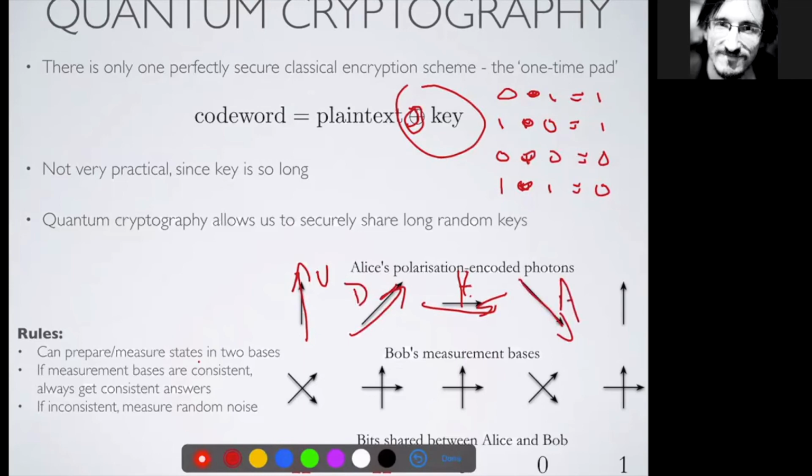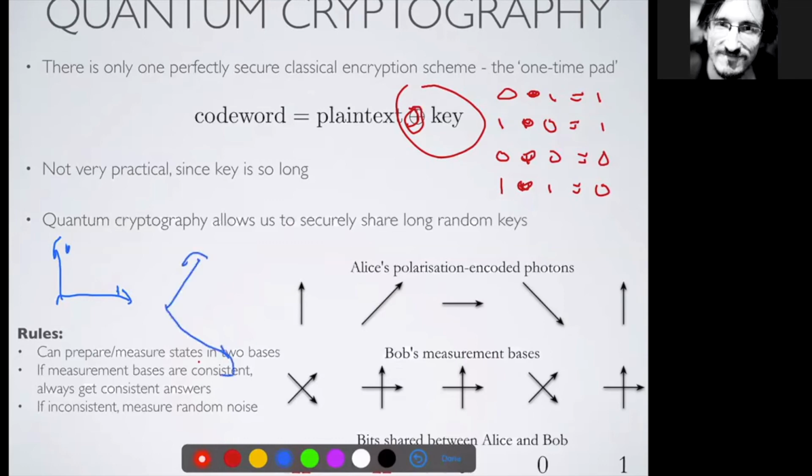Now, the rules for the way these measure is that if I prepare a photon into either horizontal or vertical, and then I measure it by asking, is it horizontal or vertical, it'll tell me with certainty whether it was horizontal or vertical. If, on the other hand, I encoded the photon as either diagonal or anti-diagonal, and then asked the question, is it horizontal or vertical, then I get complete random noise.